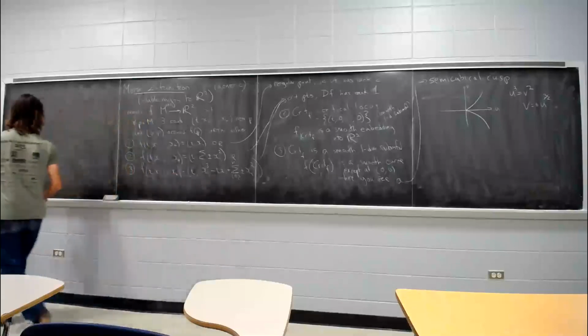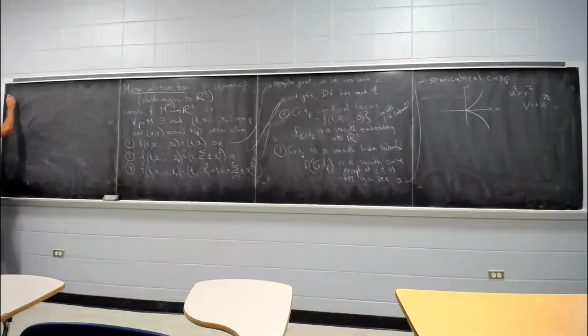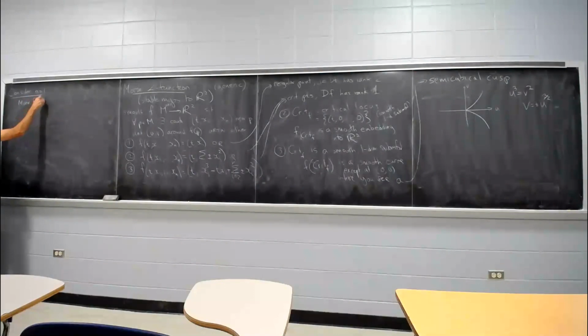If I want to consider, actually, first let's consider n equals 1 in both cases. So for a Morse function, that means we just have f from a one-manifold to R, and there are three local models. There's f of x equals x, or f of x equals x squared, or f of x equals minus x squared.